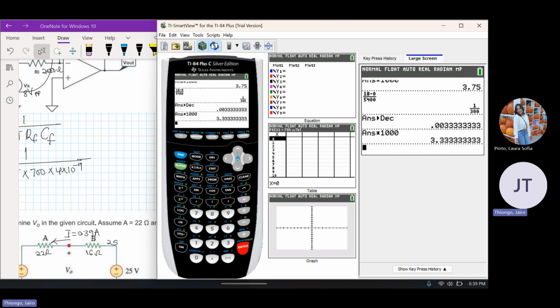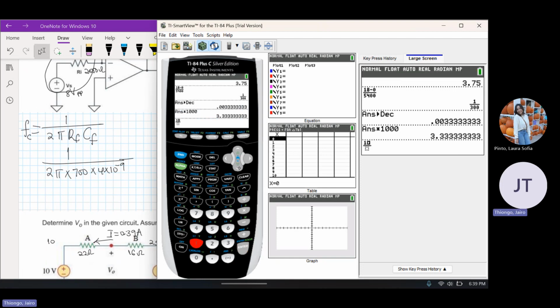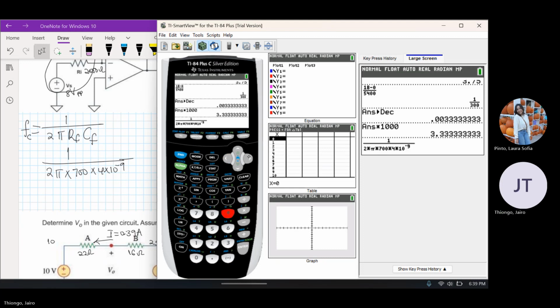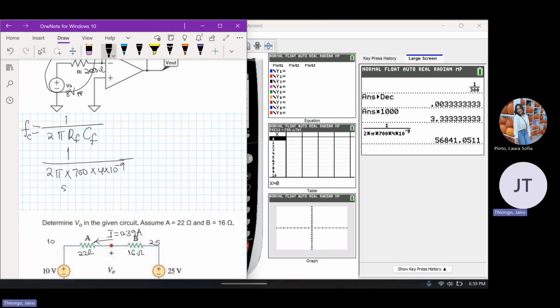Plugging this into our calculator: 1/2 times pi times 700 times 4 times 10 to the minus 9. And you have this value as 56,841.05.